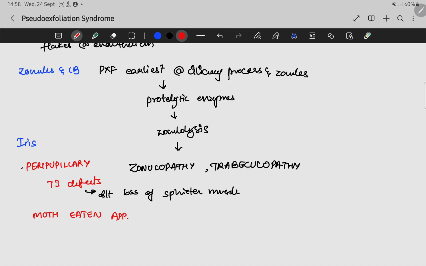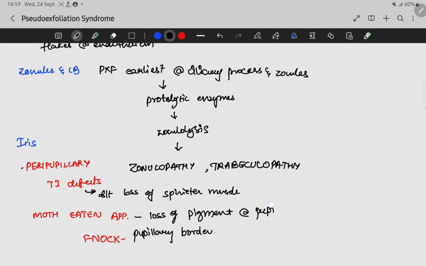Pseudoexfoliation material can also be seen at the pupillary border. This is called as flock.